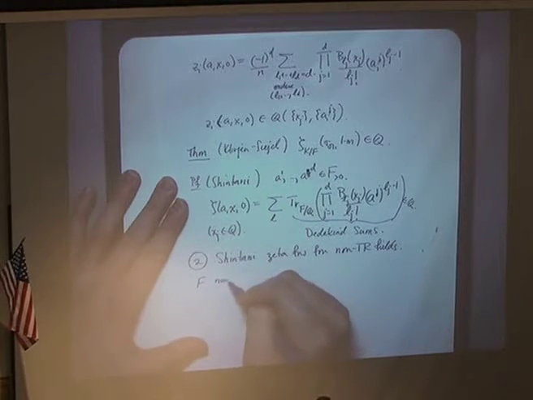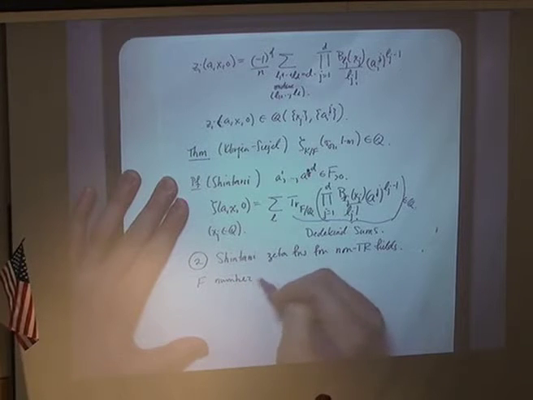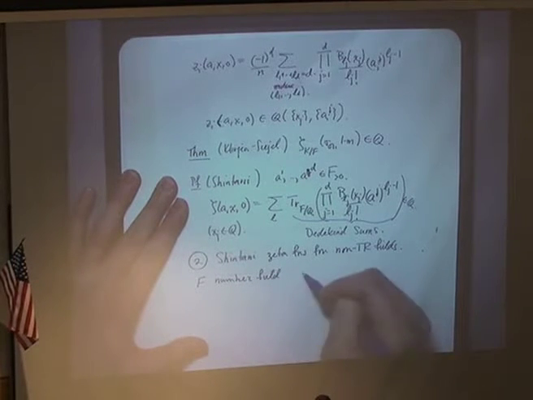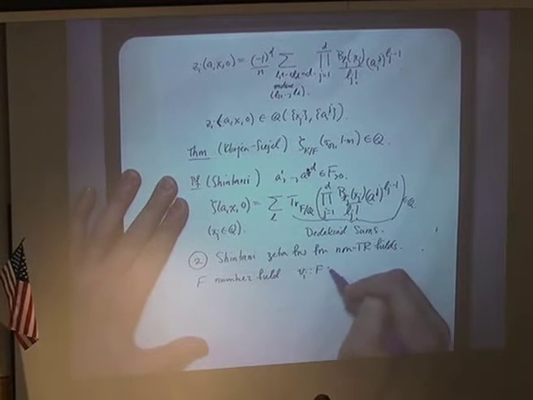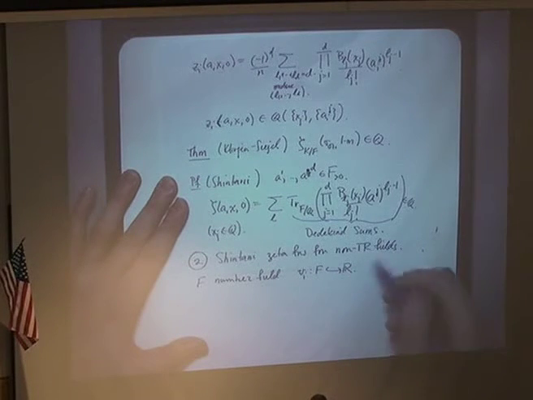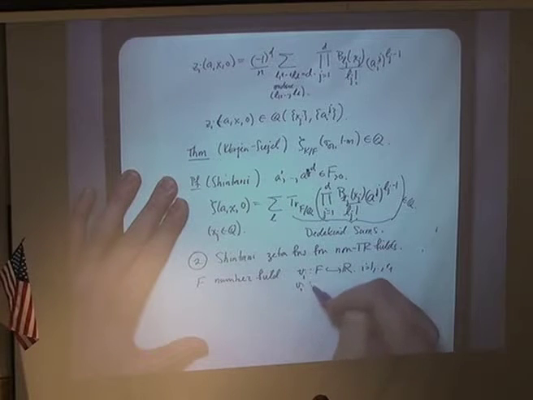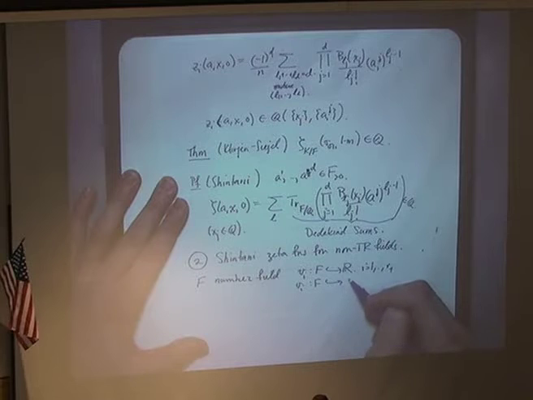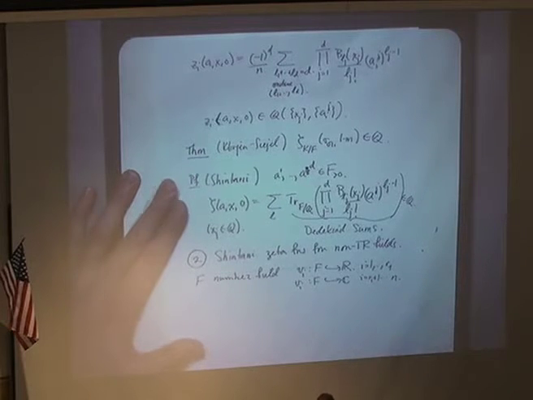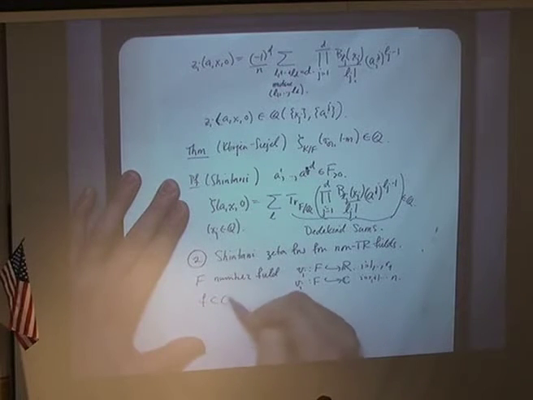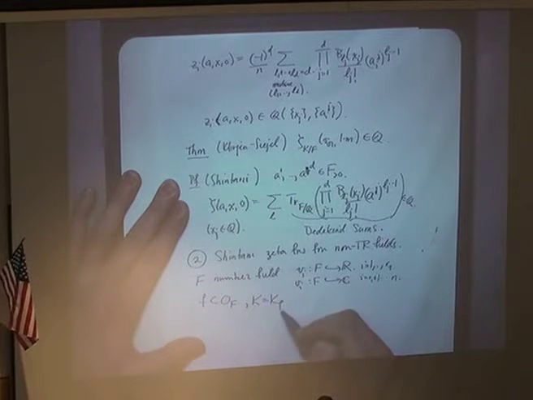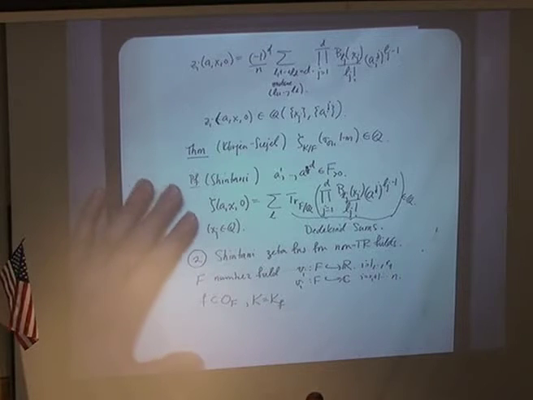The setup is exactly the same as we've used before, so let F now be an arbitrary number field, and let v_i be the real embeddings of F for i from 1 to r1, and v_i the complex embeddings of F for i going from r1 plus 1 to n. We'll take an ideal of F and look at the corresponding narrow ray class field.